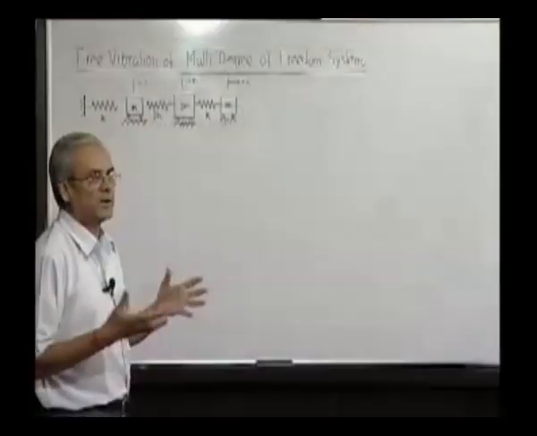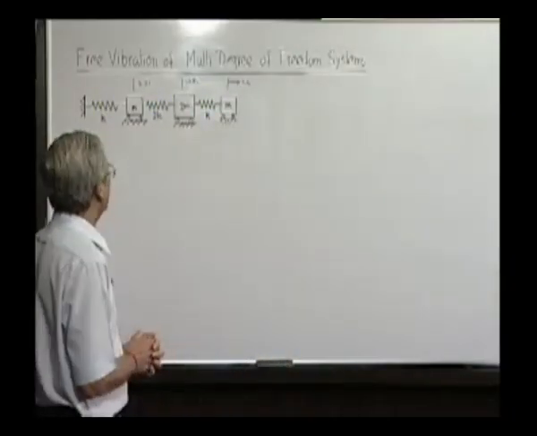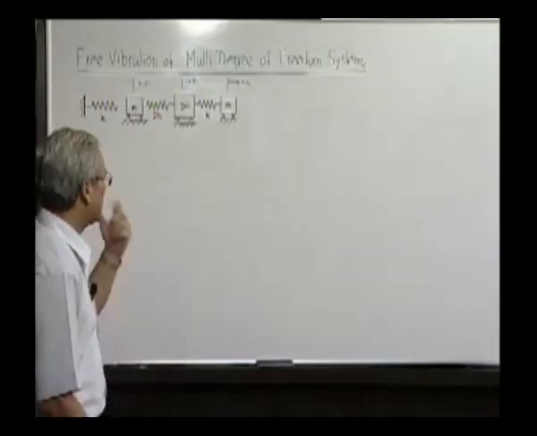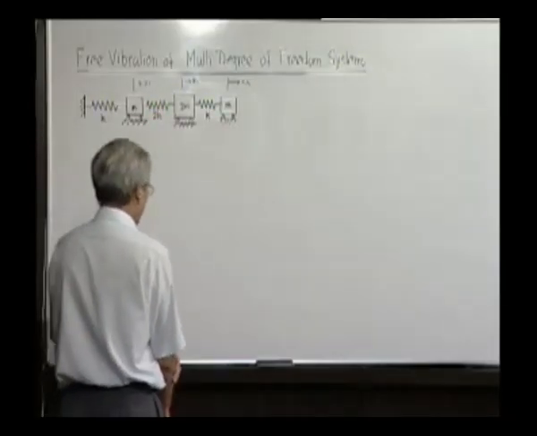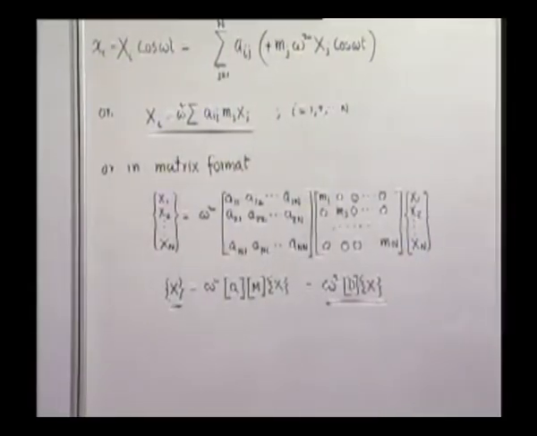This is a simple 3-degree freedom system, and our objective is to find out the natural frequencies and the natural modes. So, first we have to determine the D matrix. Now, the M matrix is quite straightforward. For the D matrix, we have to find out first the flexibility matrix.